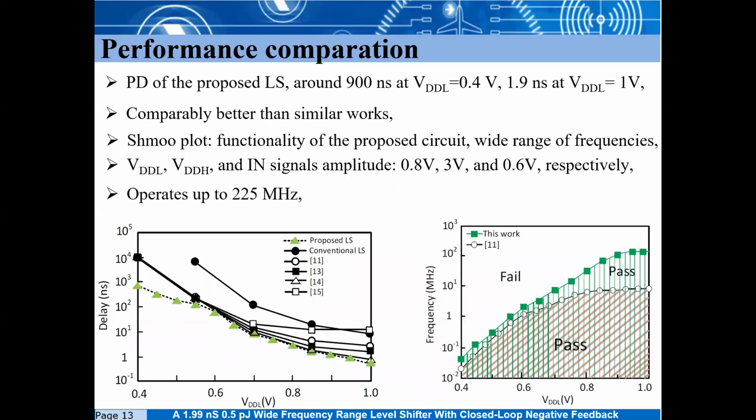For performance comparison with similar works, delay versus VDDL and Shmoo plots are prepared. The minimum and maximum propagation delay of the proposed level shifter are around 1.9 nanoseconds at VDDL equal to 1 volt and 900 nanoseconds at VDDL equal to 0.4 volt respectively, which are comparably better than similar works.